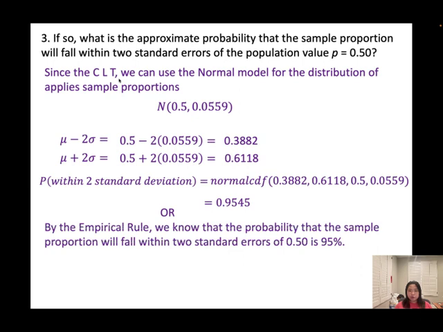Or, remember the empirical rule, right? The 68%, 95%, and 99.7%. Within 2 standard deviations, that will actually be 95%. You could just write it down by the empirical rule: you know the probability that the sample proportion will fall within 2 standard deviations is 95%.